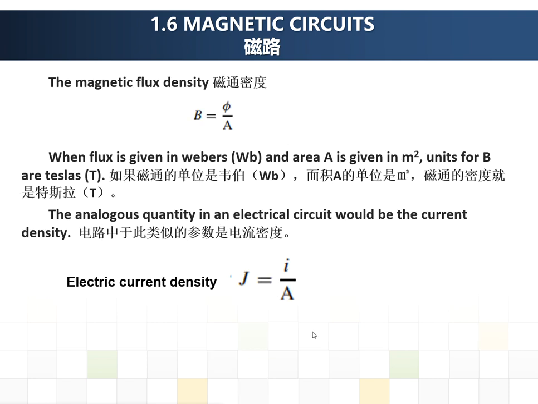The magnetic flux density, B, is equal to phi divided by A. Phi represents the flux, and A is the cross-sectional area. So when flux is given in Webers and area A is given in square meters, the units of B, the magnetic flux density, are Teslas.